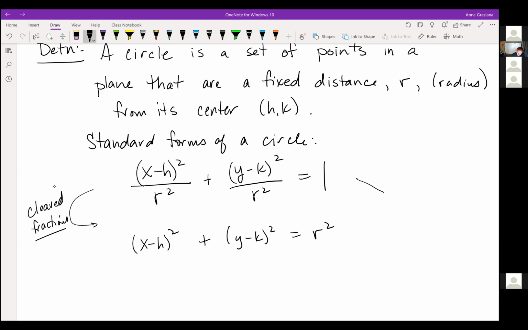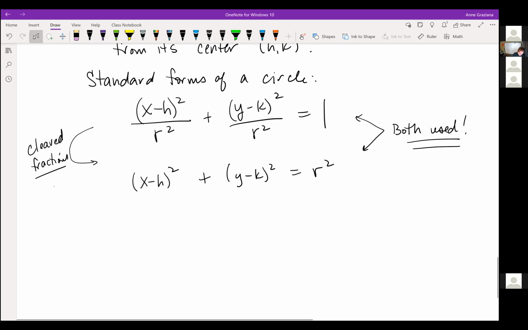These are both often used because it's the same formula, but you'll see stuff in this format. All right, so where am I at on time? Okay, we're doing good. Let's do some classifying.